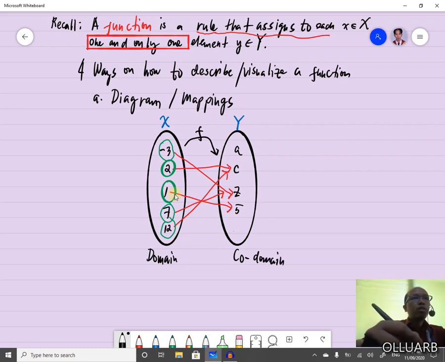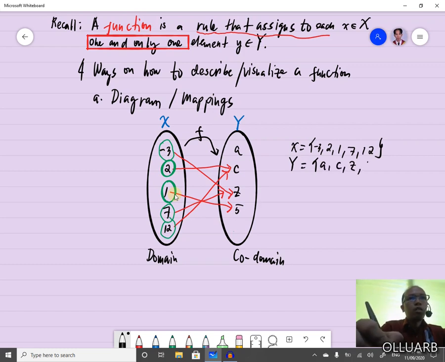Okay, for this example, the domain here, which is X, had the elements negative 3, 2, 1, 7, and 12, whereas the codomain had the elements A, C, Z, and 5, and the range of this function are those objects in the codomain that have an arrow.